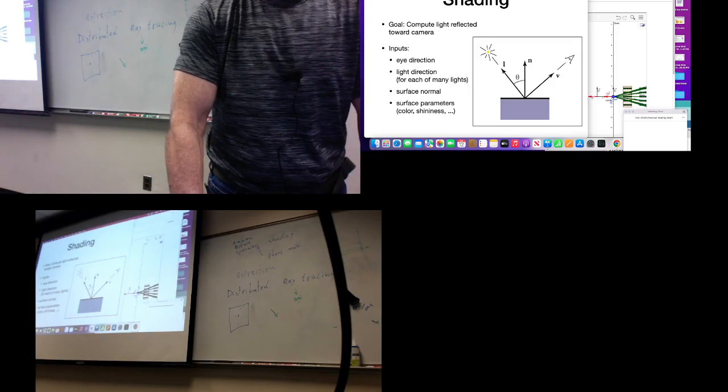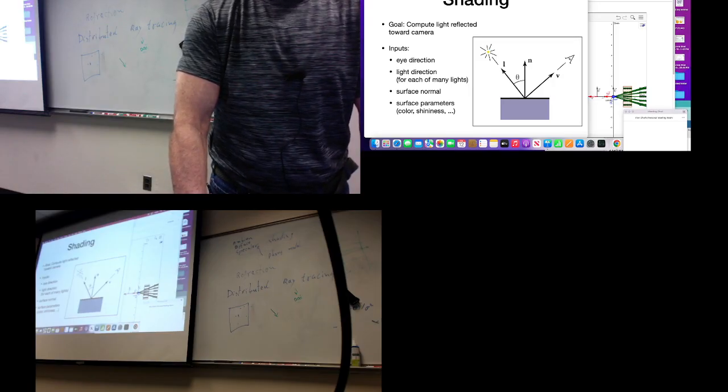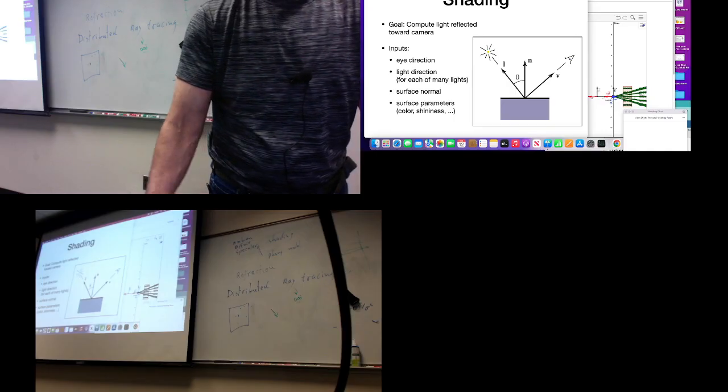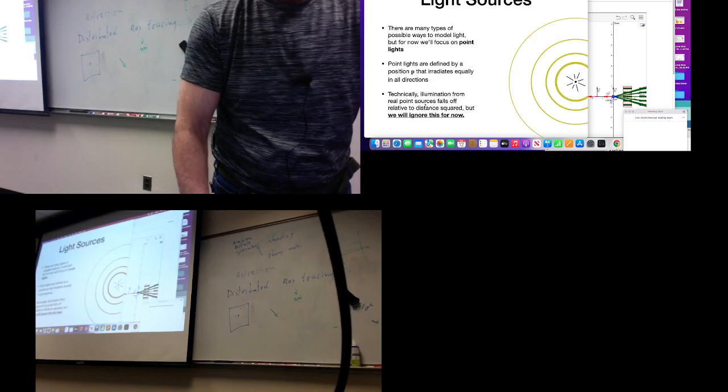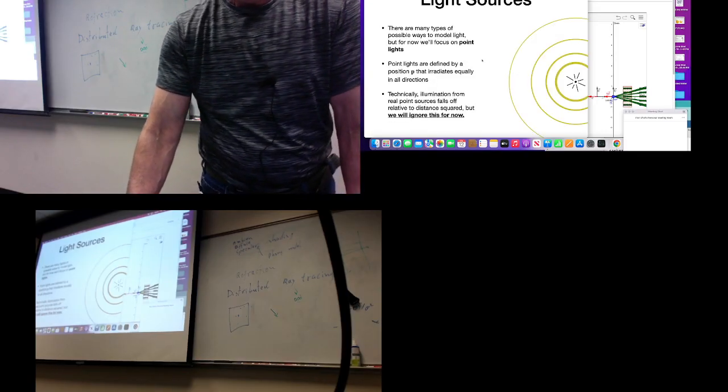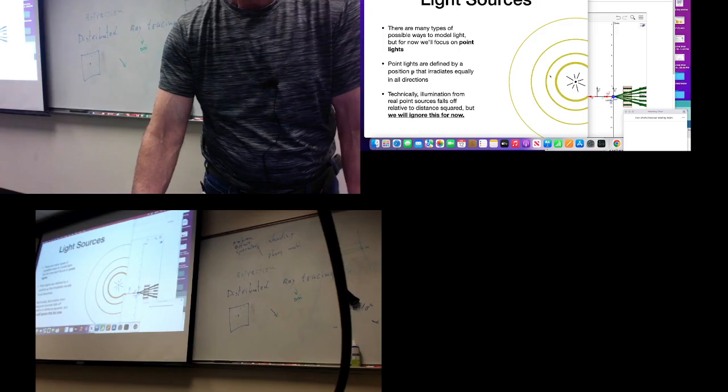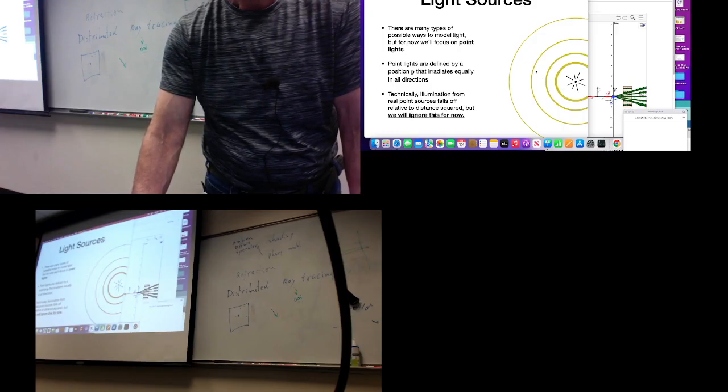All three vectors play a role when we are computing the shading of the surface. And sometimes there are more parameters about the surface itself.